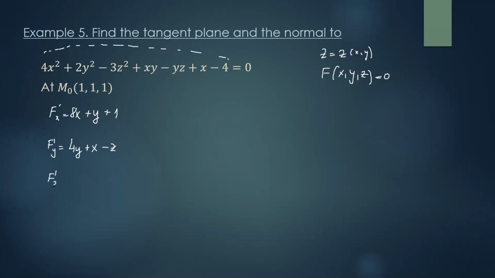The derivative with respect to y: 4x squared constant, derivative 0, for 2y squared, derivative is 4y, z squared is constant, xy derivative by y is x, yz derivative by y is minus z, because there's a minus sign, x derivative, 4 derivative, those are zeros. And finally, the partial derivative with respect to z: first term 0, second term 0, third term minus 6z. Fourth term, 0. This, minus y when we differentiate by z. And the remaining parts again are constants for z.